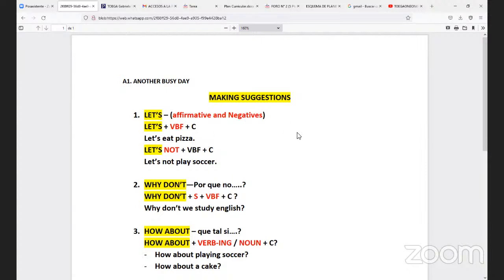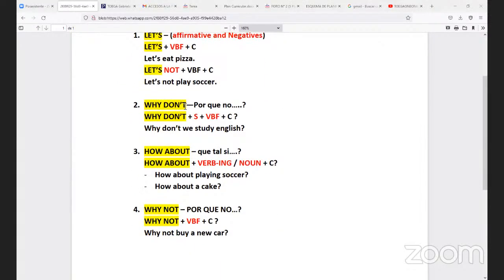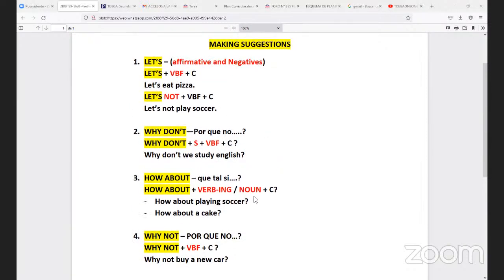This is for making suggestions about doing something, so it is like yes or no. But what happens when we ask for a suggestion? We have three ways to ask for a suggestion about whether we are going to do something or not.